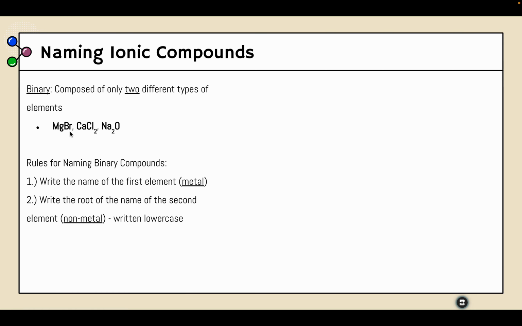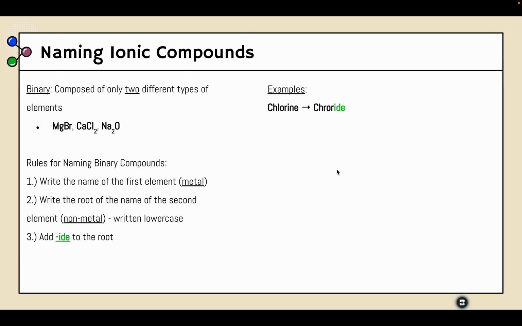With bromine, we're just going to write brom, in lowercase. We're not going to capitalize the B. And then the last step is we're going to add the suffix IDE to the root. So instead of bromine, this becomes bromide.